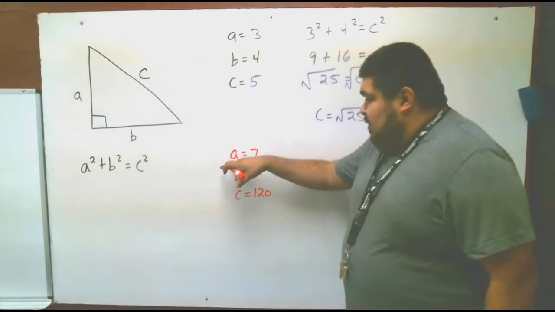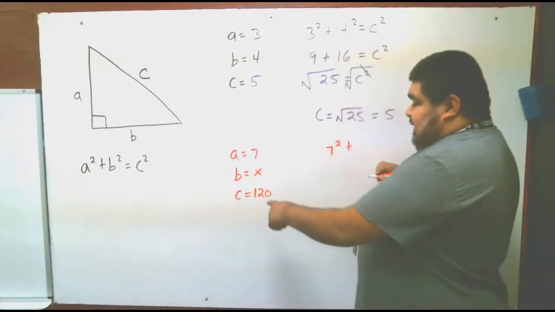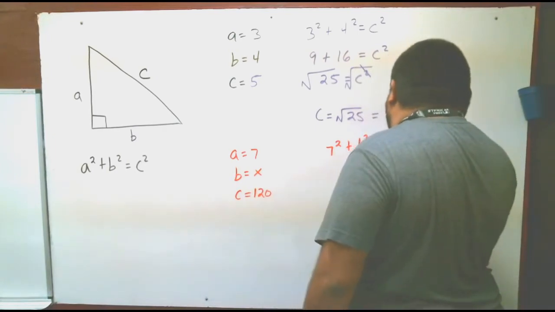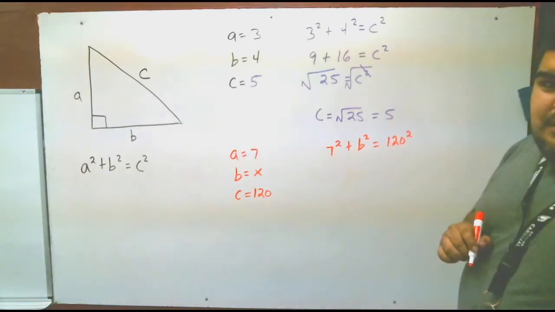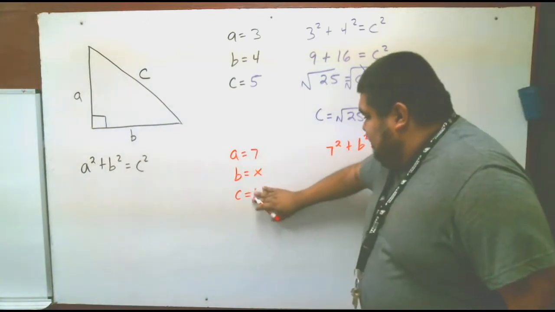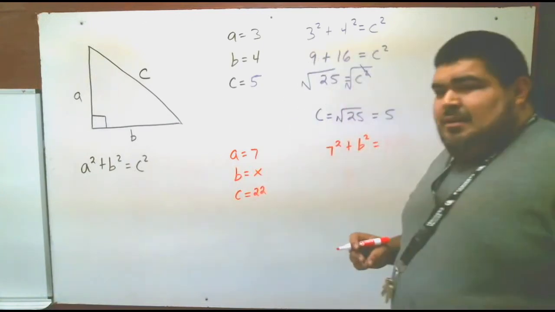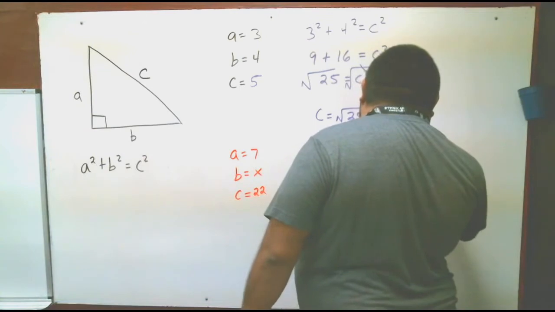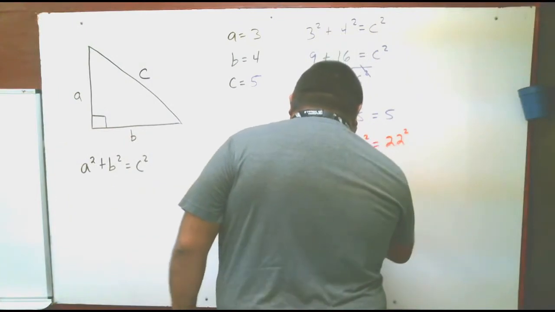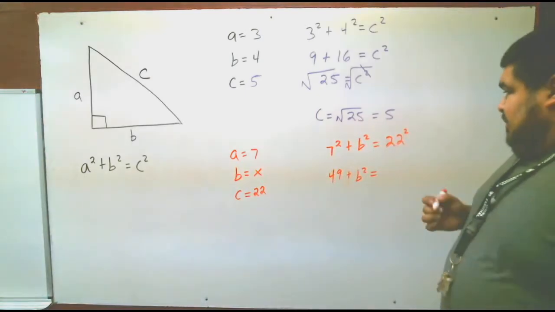We have 7 squared plus, we don't know what B is, so we keep it as B squared, equals 120 squared. 120 is a big number. Let's make it a smaller number because I kind of got carried away there. Let's go with 22. Equals 22 squared. So 7 times 7 is 49, plus B squared equals 22 times 22.